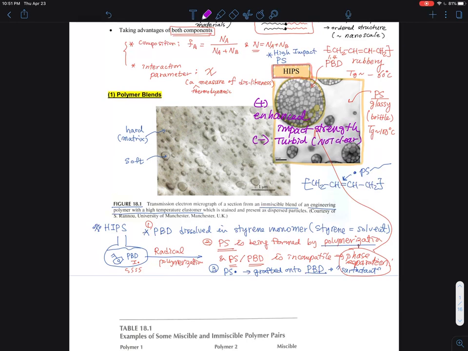I think one of the main reasons that people use polystyrene is its optical clarity as an amorphous polymer. But by putting in the rubber particles, you can remove the brittleness of the polymer and increase the impact strength. But at the same time, there's a price that you pay because of phase separation.